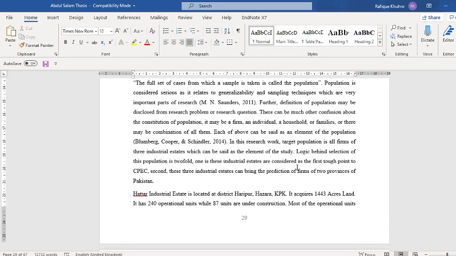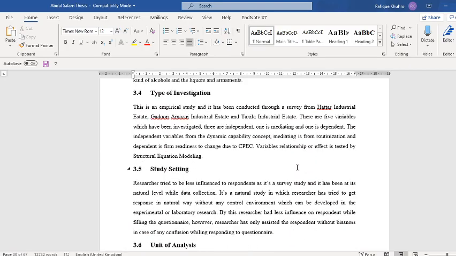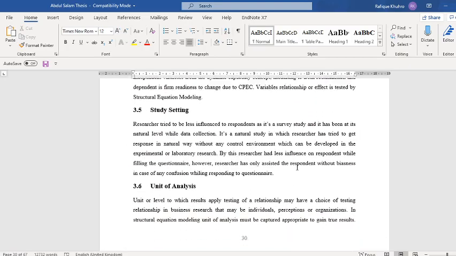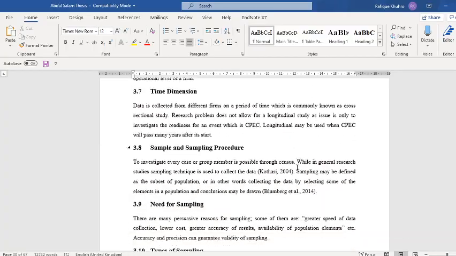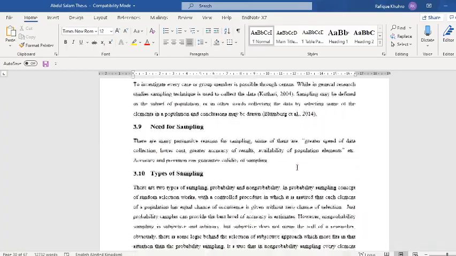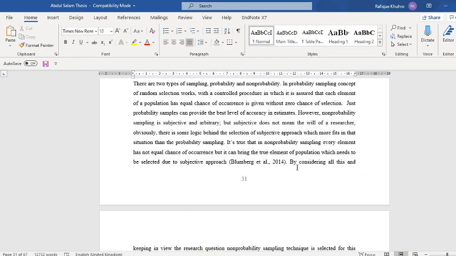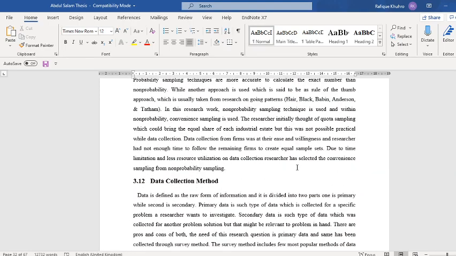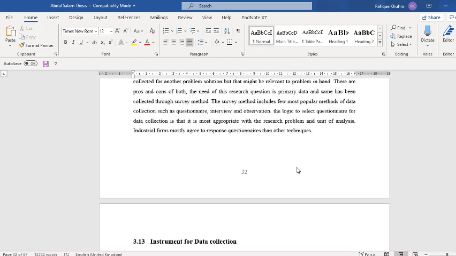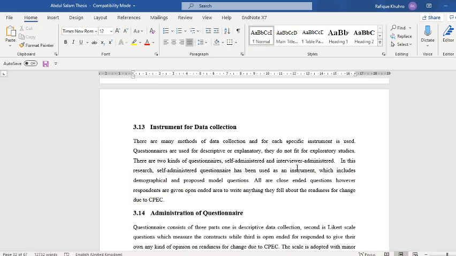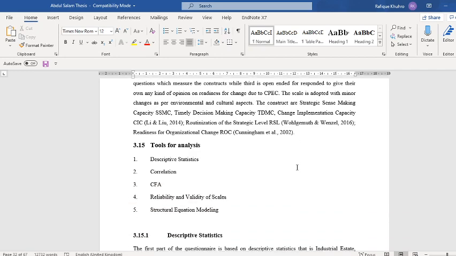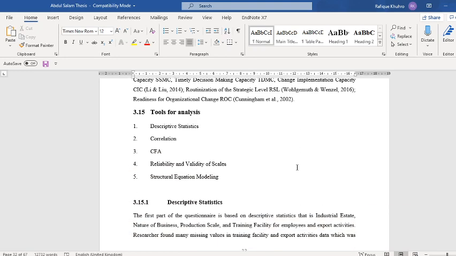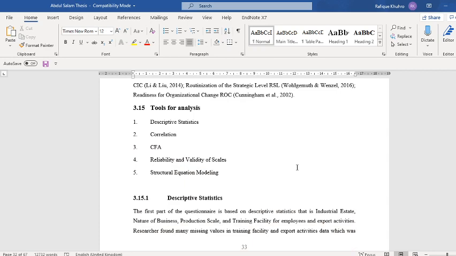So here the target population is discussed, then type of investigation, study setting, unit of analysis, time dimension, sample and sampling procedure, need for sampling, type of sampling, sample size in this research, data collection method, how data is collected, how the instrument was developed, and tools for analysis, such as the researcher has used descriptive, correlation, CFA, reliability, validity, structural equation modeling.